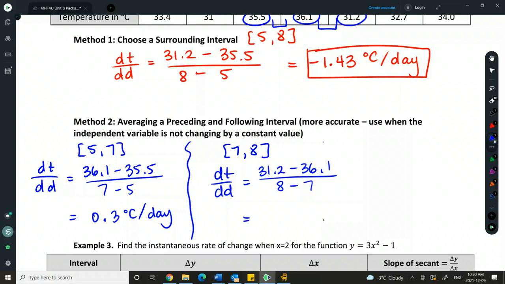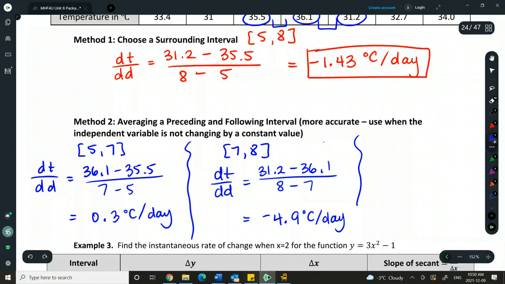Rebecca? Negative 4.9. Everyone else? Is that all the decimals? Okay. For this unit, does it matter if... No, that only matters if you're pressing sine, cosine, tan on your calculator.